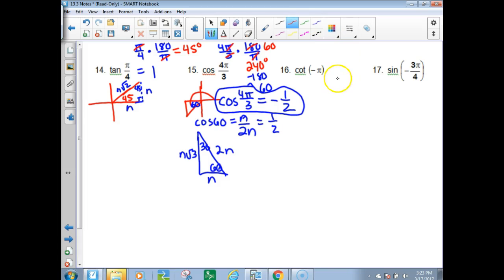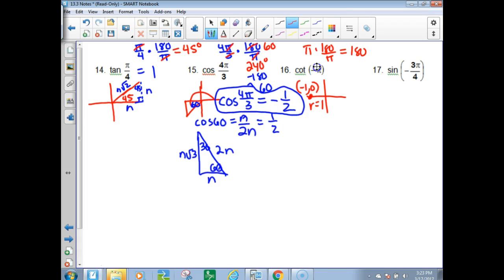Takes a little effort. Negative pi. Oh dear. Well, pi times 180 over pi is how much? 180. So actually, negative pi is the same as negative 180, which would be here. So that point is going to be negative 1, 0, and r would be 1.